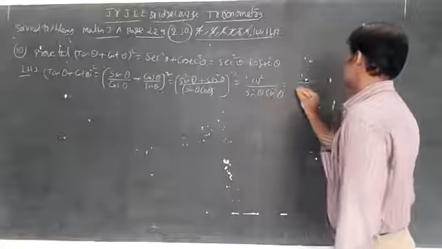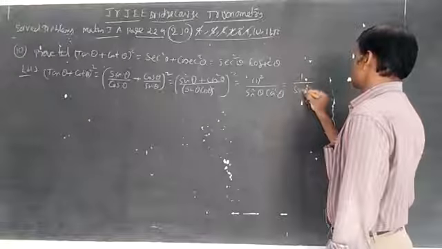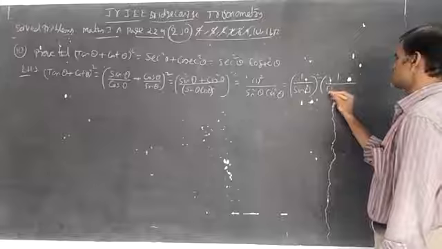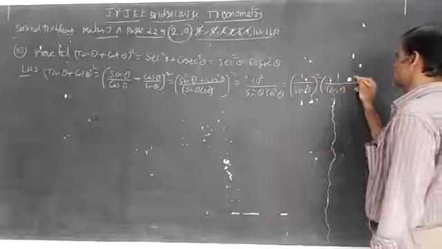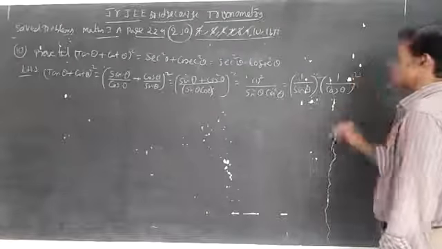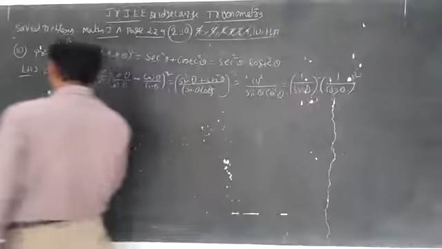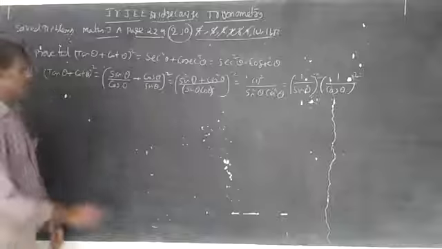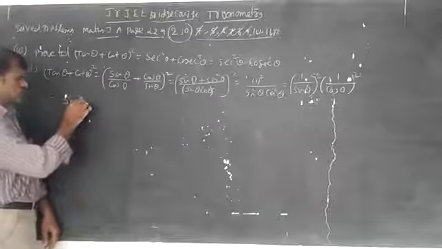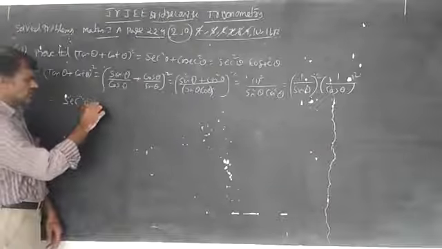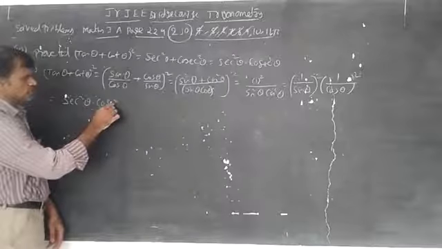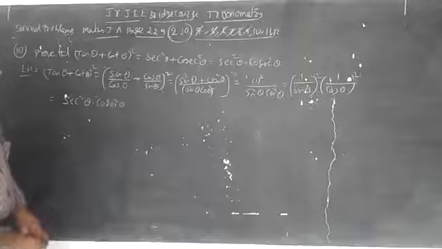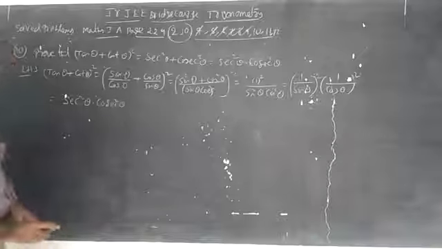You can understand this as (1 by sin theta) whole square into (1 by cos theta) whole square. So 1 by sin theta becomes cosecant theta, and 1 by cos theta becomes secant theta. So we get secant square theta into cosecant square theta.